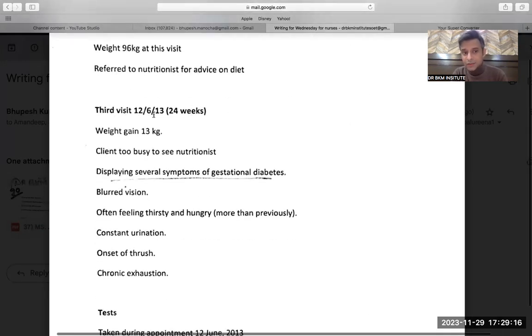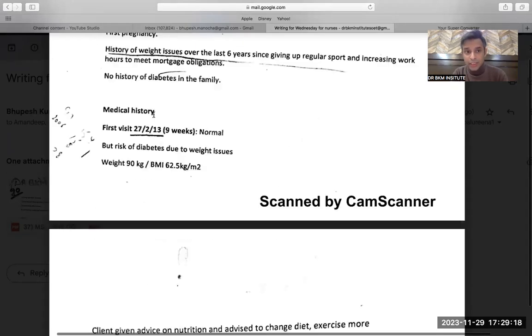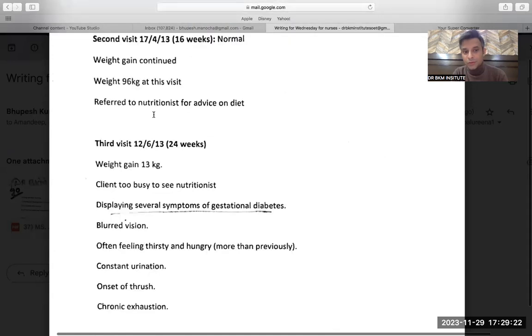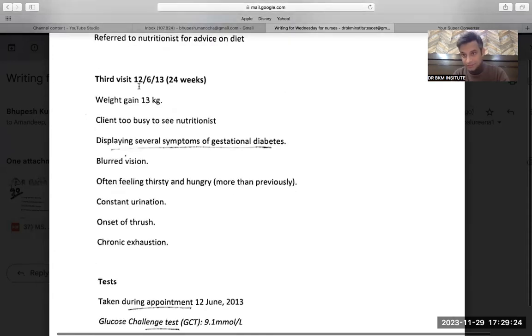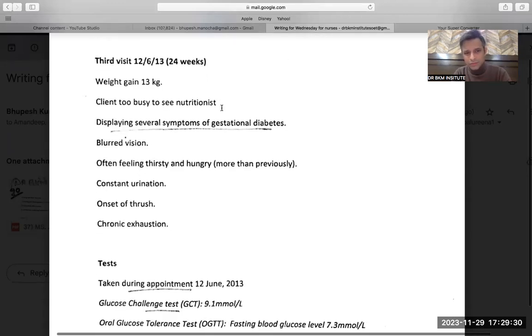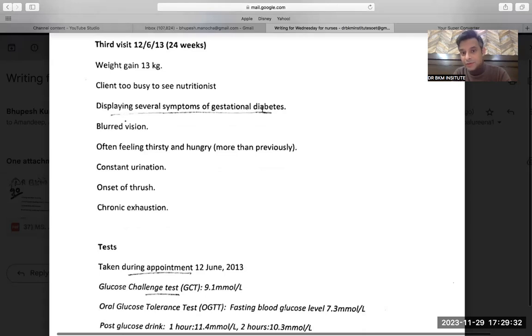Then third visit, 12th June. Today is 12th June. So somehow we have reached to today. That is, today weight gain is 13 kgs. Client is too busy. We will not refer this point. Displaying several symptoms of gestation. Now this is the main point.